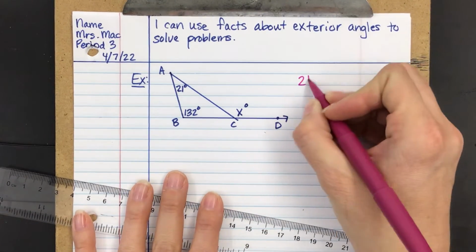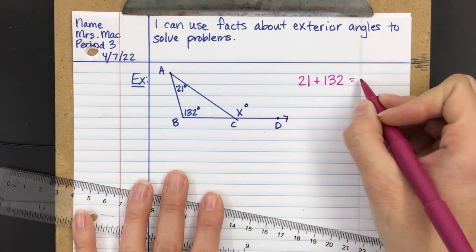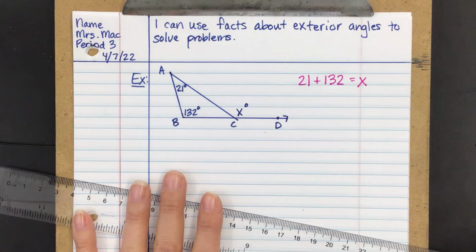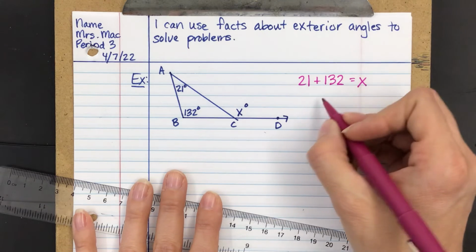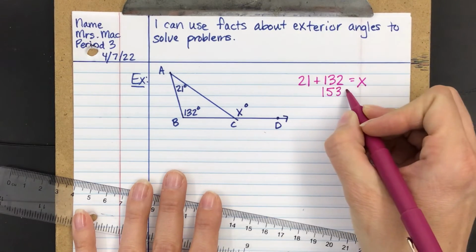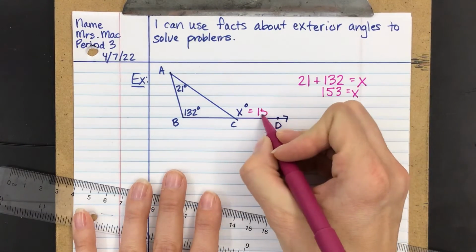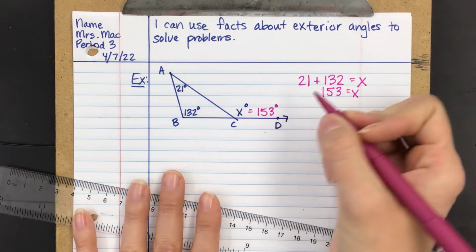I can do 21 plus 132 is equal to x. And then I'm just going to finish solving here. Okay, and I find that x is equal to 153 degrees.